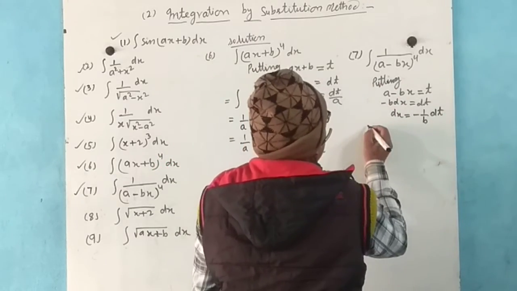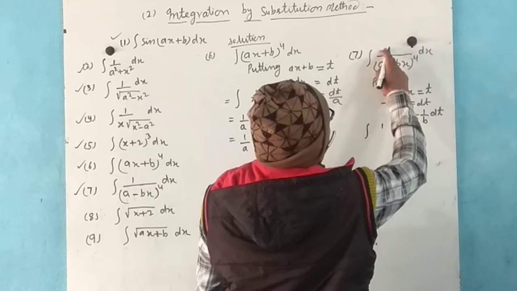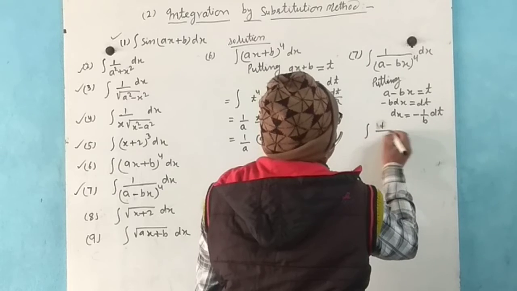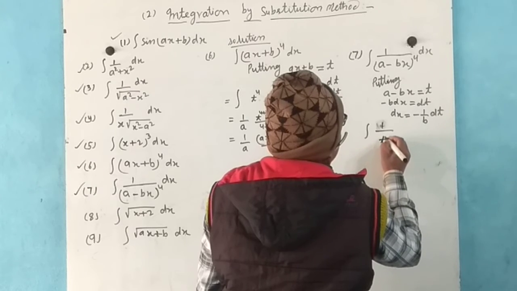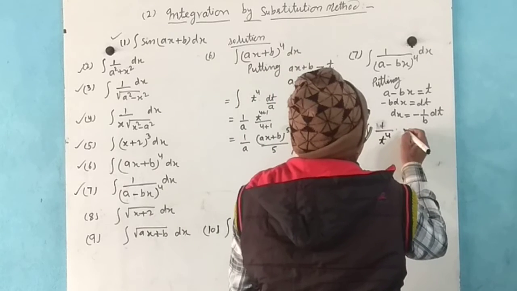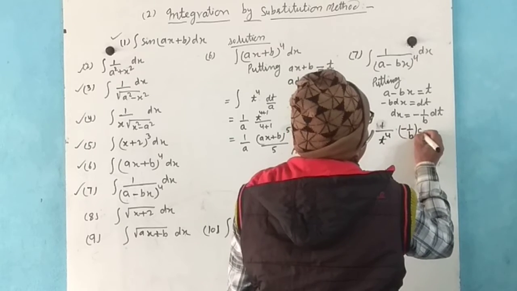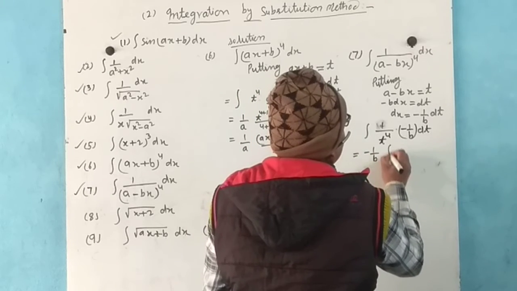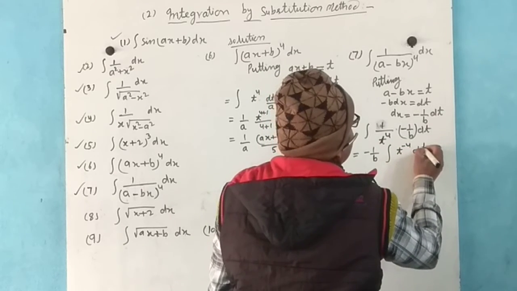Now in this case, integration of 1 by a minus bx to the power 4 becomes 1 by t to the power 4, and dx equal to minus 1 by b dt, so this is equal to minus 1 by b, integration of t to the power minus 4 dt.